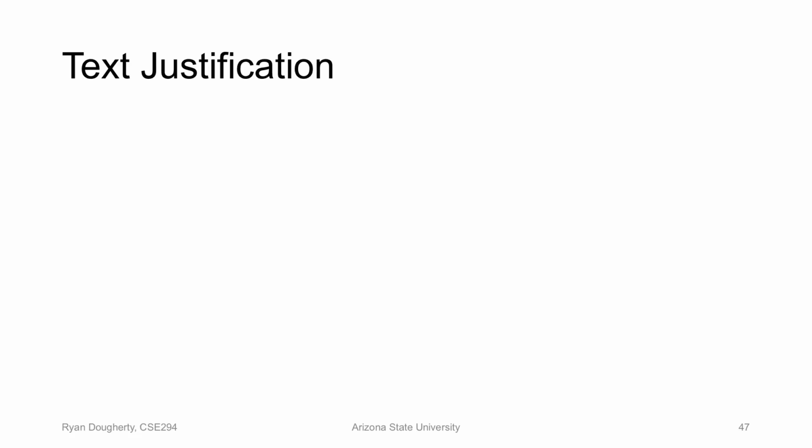So text justification. Let's just say I'm coding up Microsoft Word and I want to make sure that no lines go very far over the width of the page, or that the number of characters short of the width of the page is minimal as much as possible.